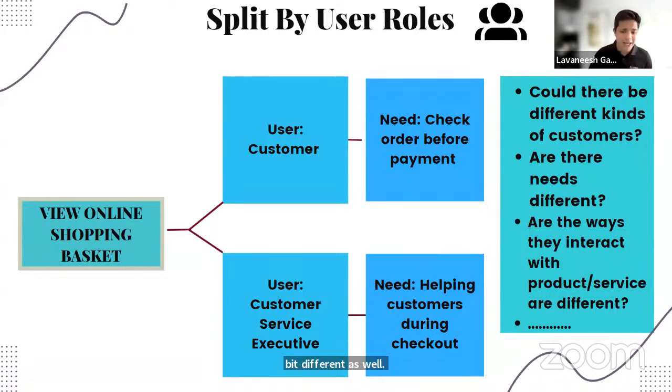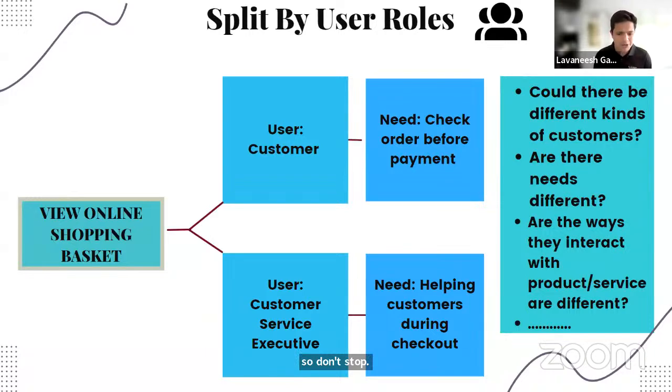And again, another thing you want to see is how we actually want to interact with our products and the services. Sometimes with the customer services executive, yes, you can talk to them via phone, but can you talk to them via the chat function as well? So what are the different ways these kinds of features could be delivered? Don't stop, ask more questions as well.